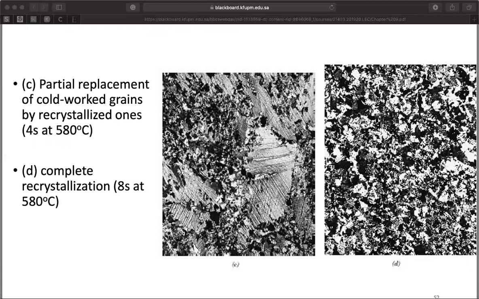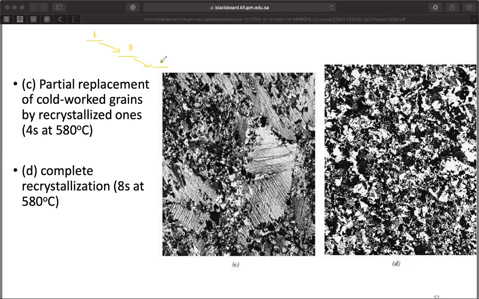But if you continue supplying heat, remember, the material will always ask itself: if I am in state A, and now I am in B, is there a way to go to C?